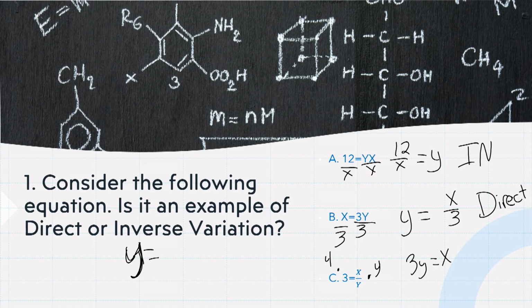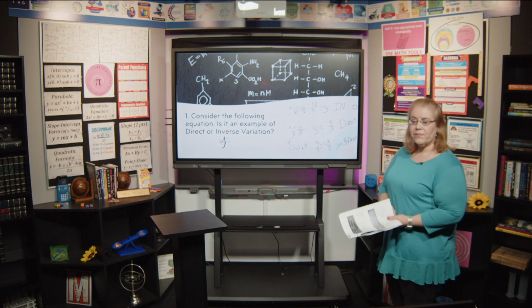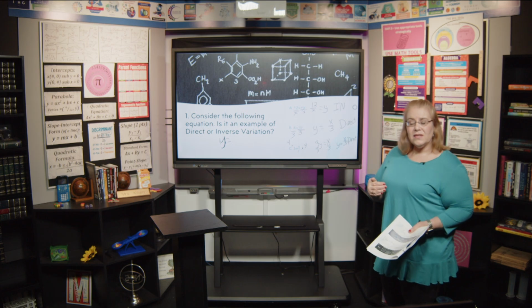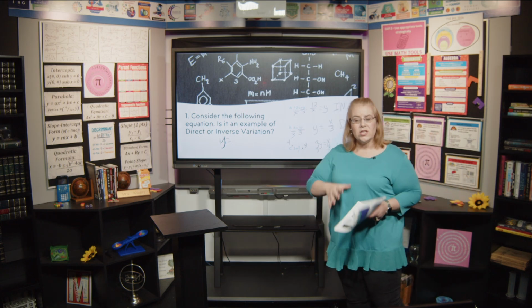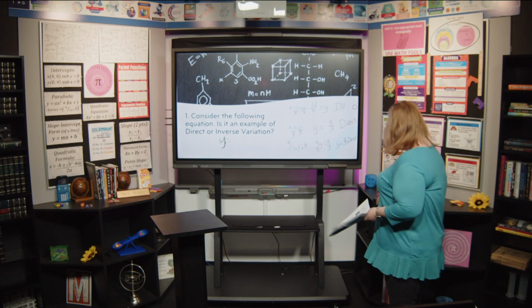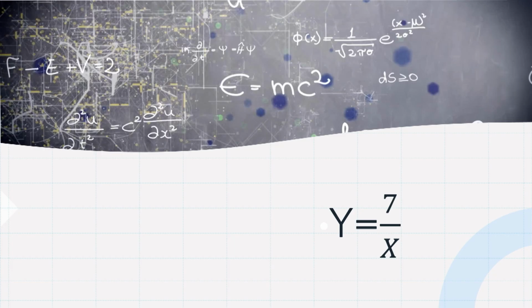Now, still need to get that y by itself, so I'm going to divide by 3, and y equals x over 3. So it is going to be direct. Good job. Let's see those different steps that we've used. Make sure that we're paying attention to what our general forms are looking like. Let's go to our next slide.